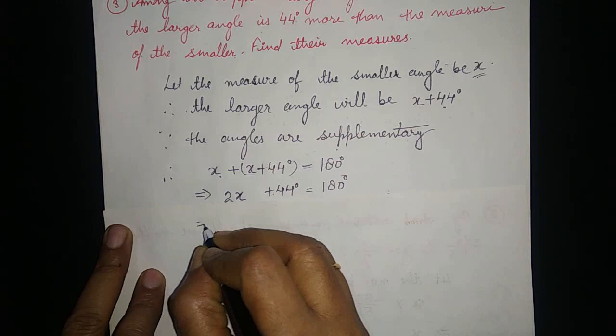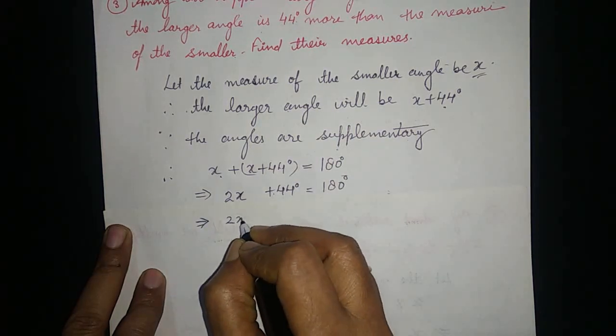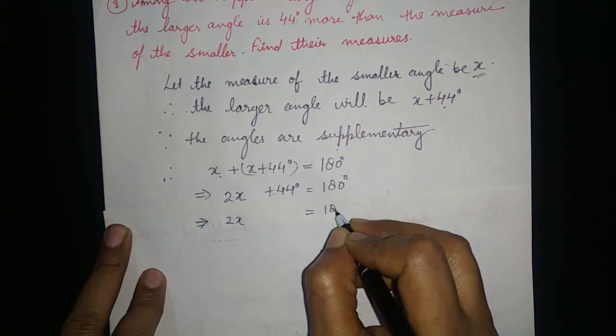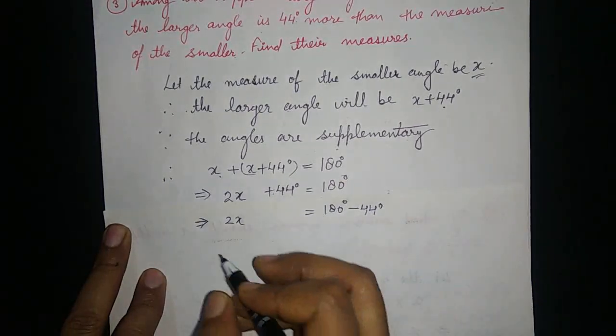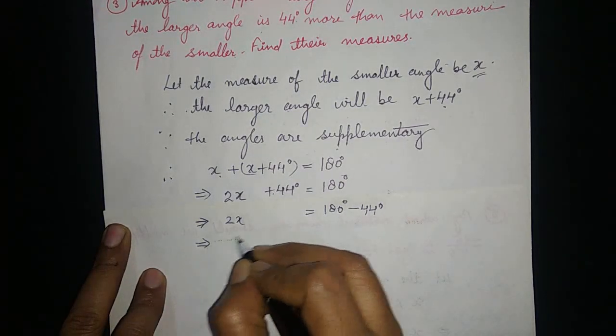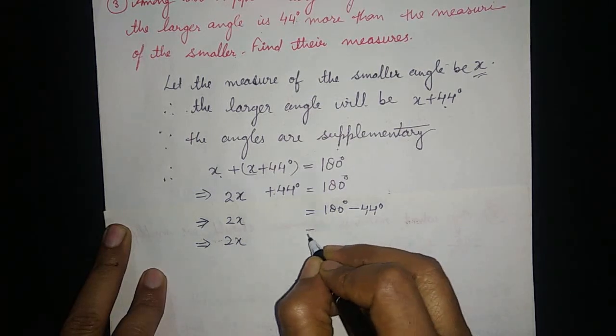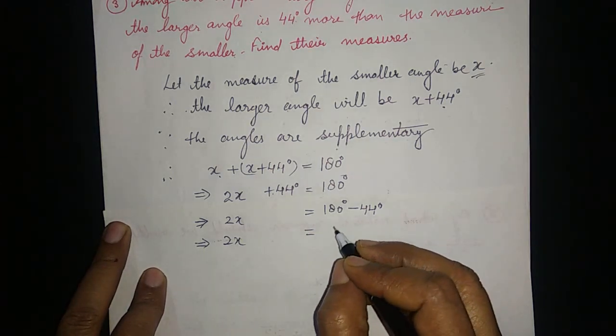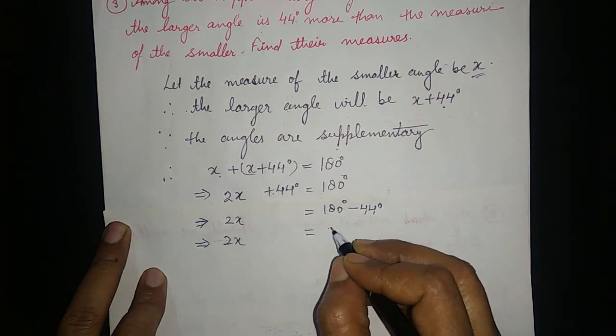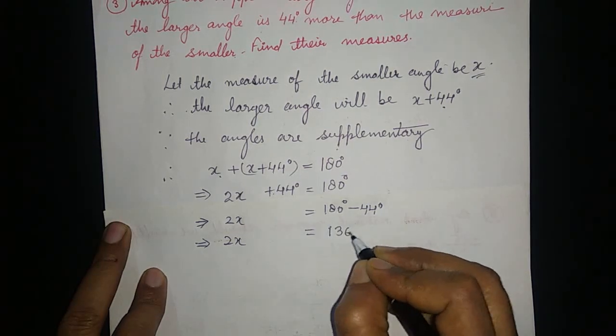Now 2x is equal to 180 degree minus 44 degree we will do, and here we will subtract 44 degree from 180 degree. We will get here 136 degree.